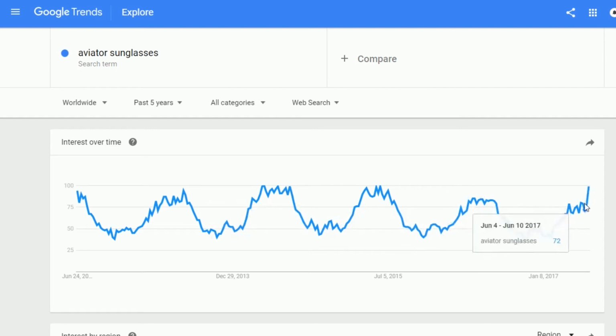Actually, one additional interesting thing here is that there's more interest in these sunglasses now than there was last year, okay? Curious. So we've learned that this is a seasonal item, and we also learned when to sell this. Summer and late spring is the time. Let's see what else we can find out.